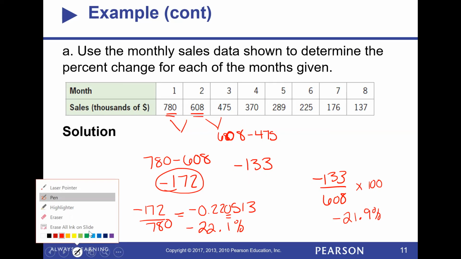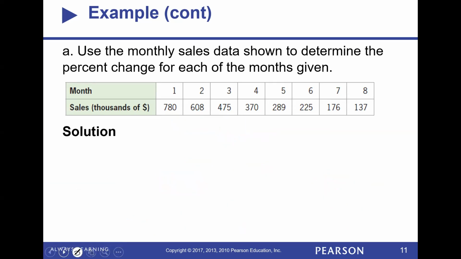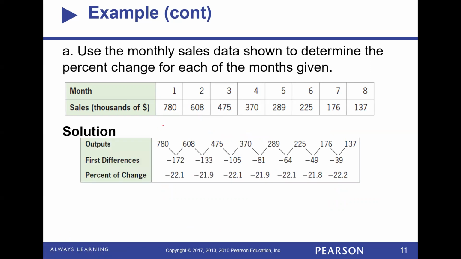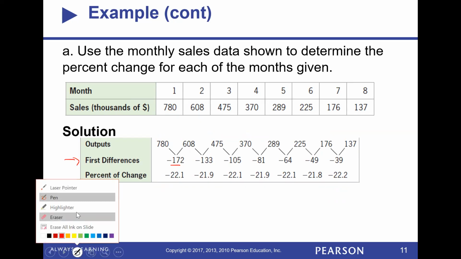And again, we can constantly do this for all of these. So I'm going to erase all of the ink here. If I literally just take that difference each time, that's where the percent differences come from. And then I always take this number and divide it by the first part of the output, the larger output that I'm subtracting it from.